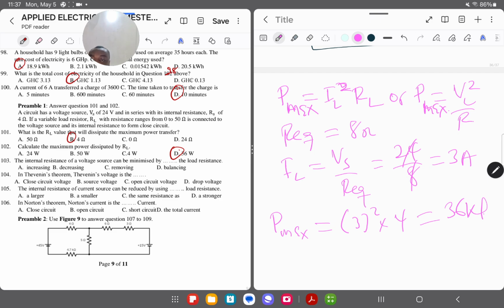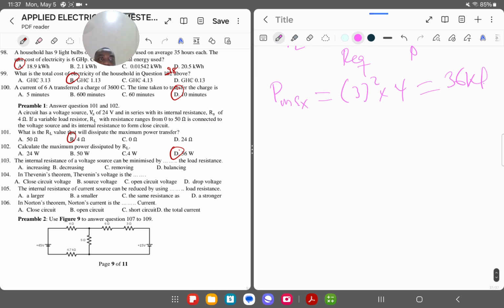Now moving to 103. The internal resistance of a voltage source can be minimized by what, the load resistance? Okay. So here we talk about the internal resistance of a voltage source. I think I explained this.